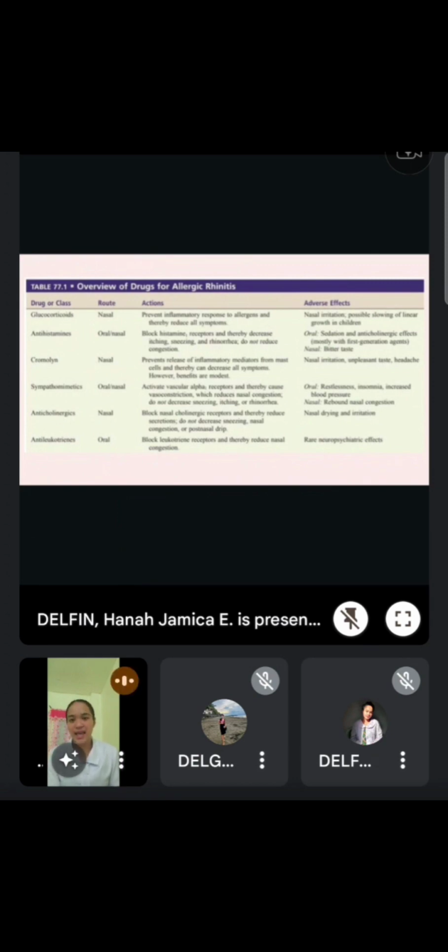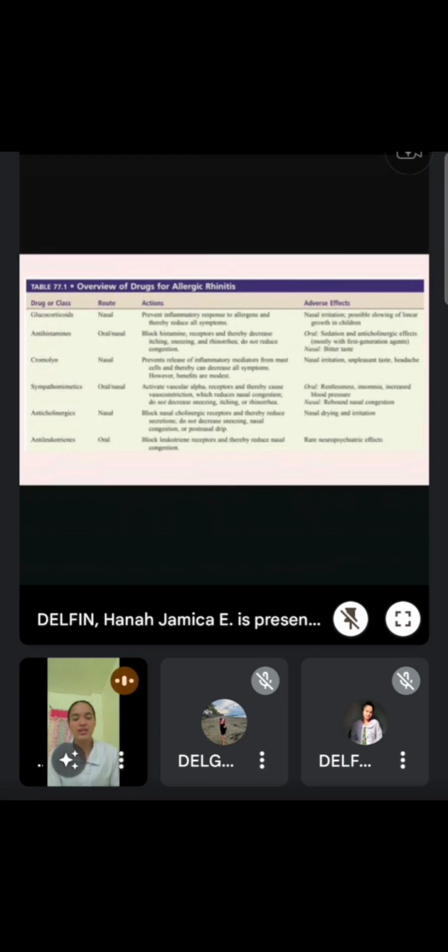Next is antihistamine. Oral antihistamines are first-line drugs for mild to moderate allergic rhinitis. For therapy of allergic rhinitis, antihistamines are most effective when taken prophylactically and less helpful when taken after symptoms appear.